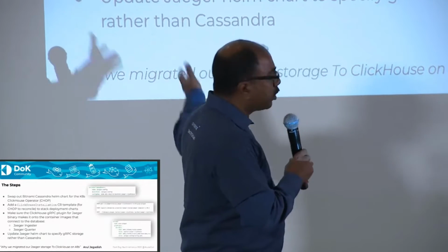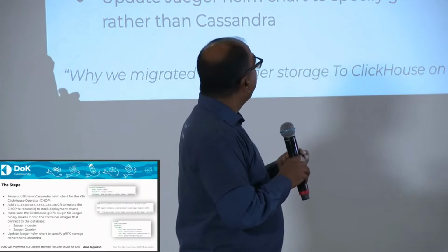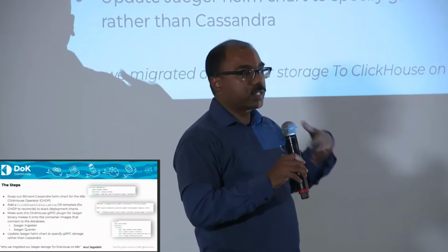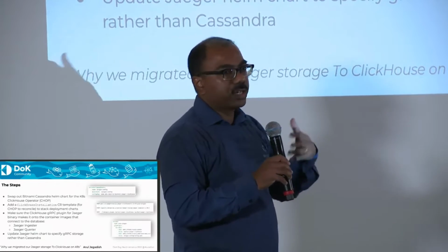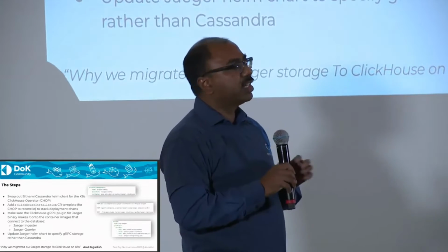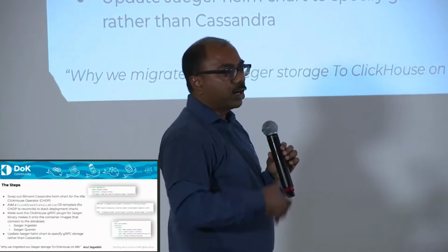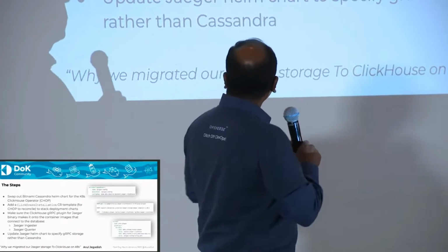And then it's just about changing the Jaeger configuration to use ClickHouse as the backend. We also had production data in Cassandra, so we had to migrate that data to ClickHouse. For that, we used our own custom script. This is something I can talk about in detail, maybe offline, on how we accomplished that data migration. Next slide, please.